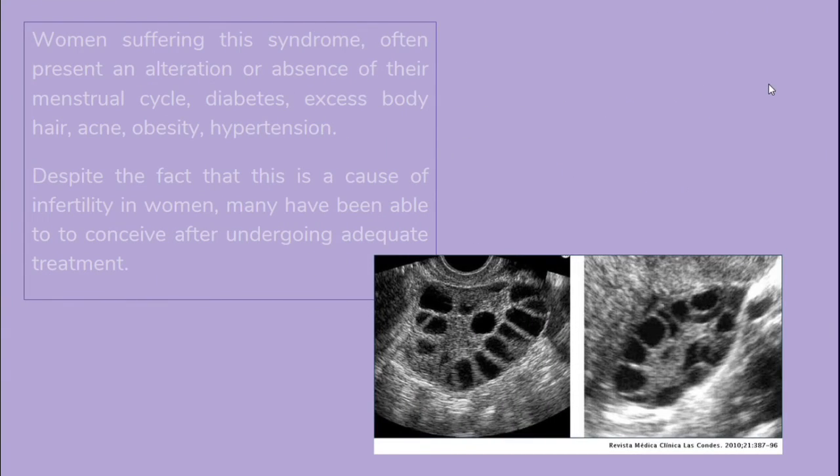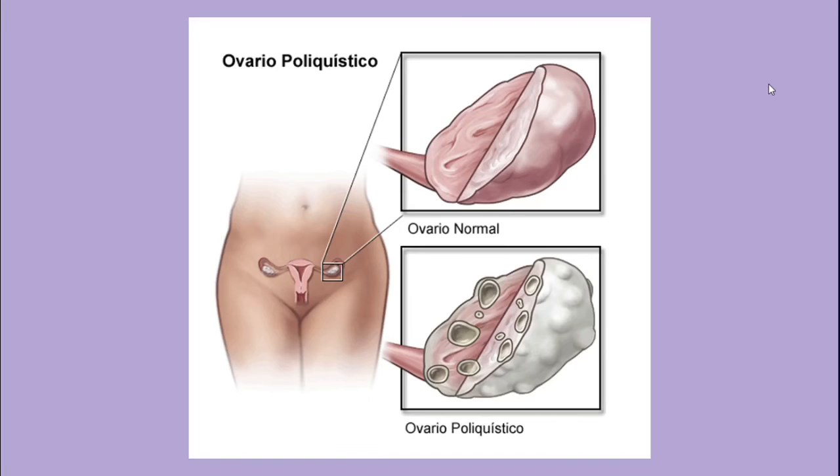Women suffering this syndrome often present an alteration or absence of their menstrual cycle, diabetes, excess body hair, acne, obesity, hypertension. Despite the fact that this is a cause of infertility in women, many have been able to conceive after undergoing adequate treatment. In this picture, we can see how a normal ovary looks and how a polycystic ovary looks.